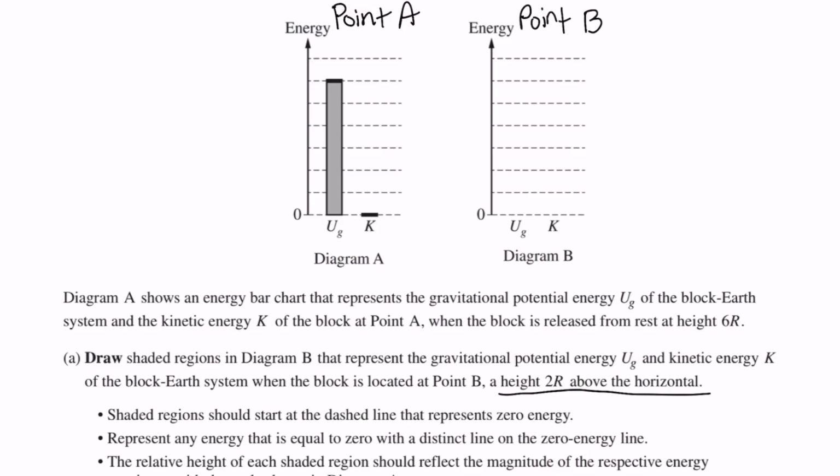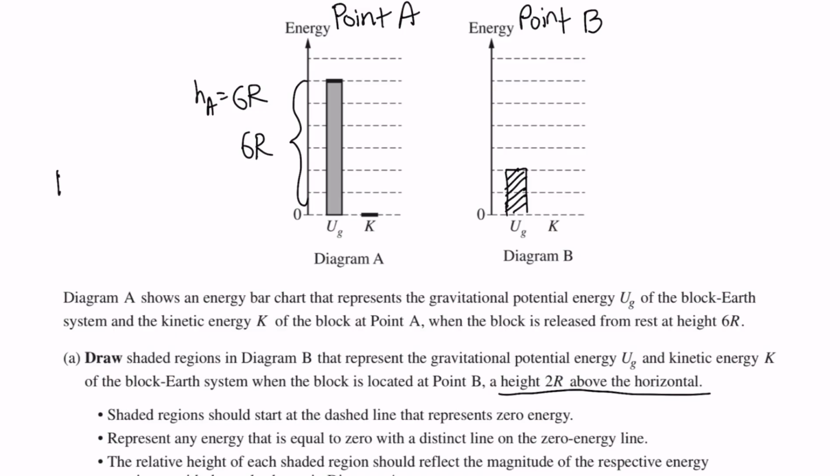Initially at point A, it was 6r above the ground. That makes sense, we have around 6 ticks over here, which would be equivalent to 6r. Now that we know point B is a height 2r above the ground, we can simply use the same scale and draw the potential energy diagram here at a height 2r above the ground.